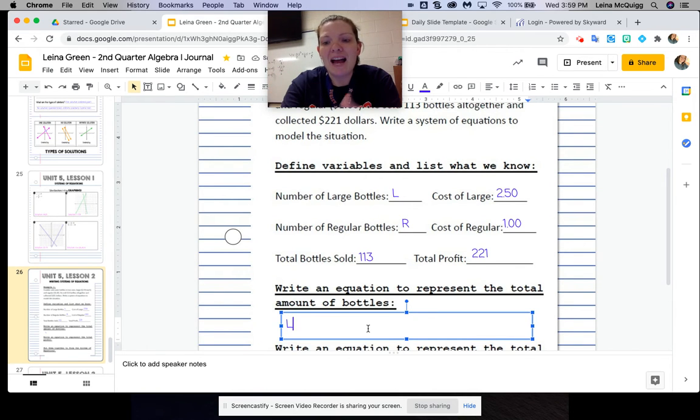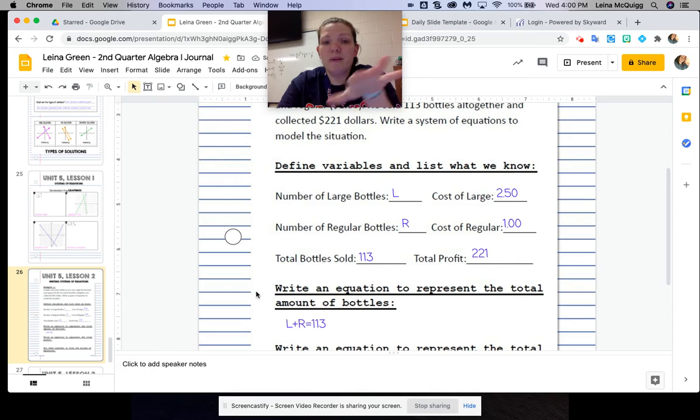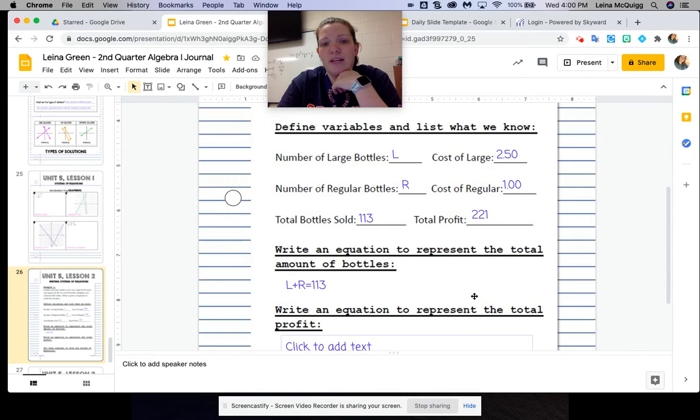And means add, and the number of regular water bottles sold is represented by R. So L plus R equals the total number of bottles we sold, which was 113. Okay? So there's our first equation. We've got one equation down.